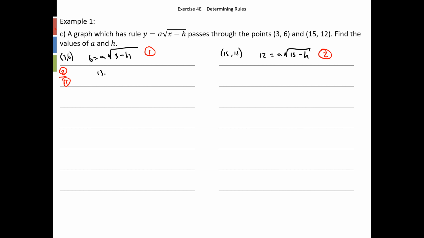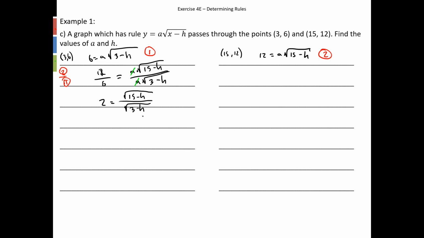So we get 12 over 6 equals a square root 15 minus h over a square root 3 minus h, and as I said, we get a nice cancel off there. So we are left with 2 equals square root 15 minus h on square root 3 minus h.